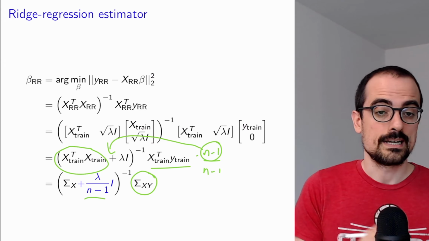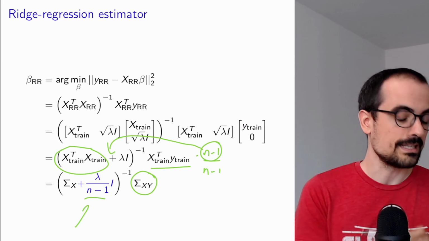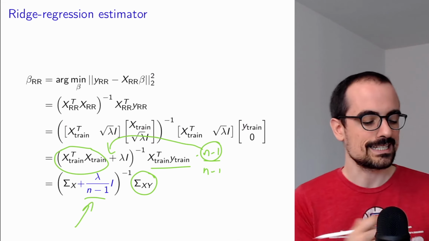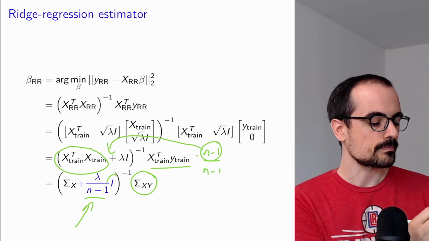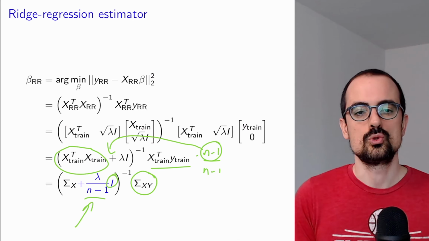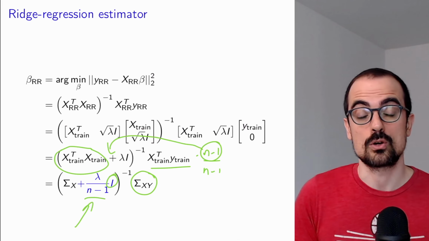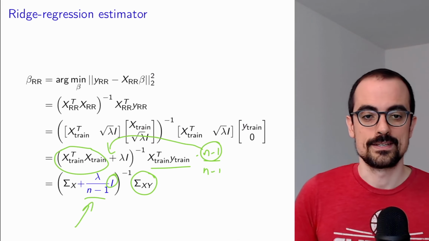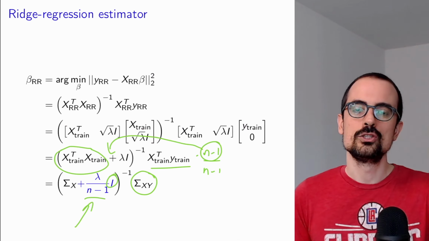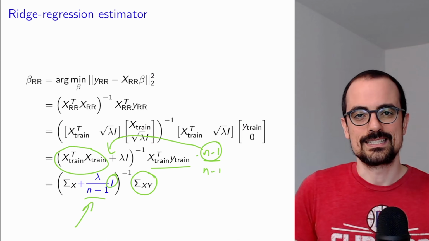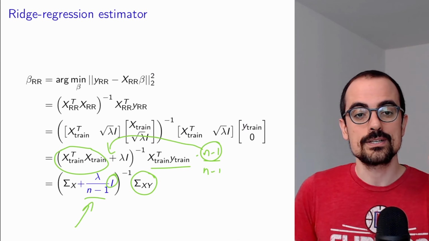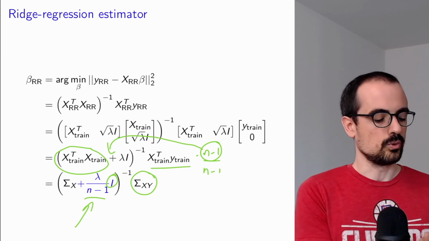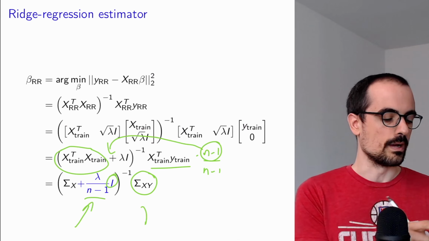We have an expression for our ridge regression coefficients, and we see that they're very similar to the OLS coefficients, except that we're adding a matrix to the sample covariance matrix of the features that is the identity times lambda. So we're adding to the diagonal of the sample covariance matrix, and then we take the inverse and apply it to the cross covariance, just like in OLS.